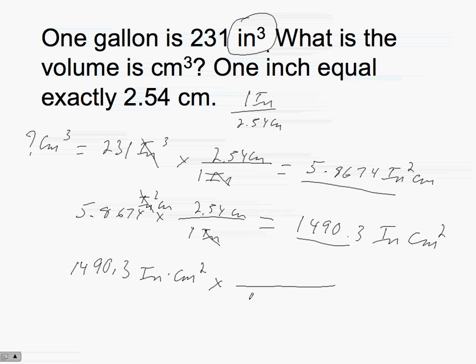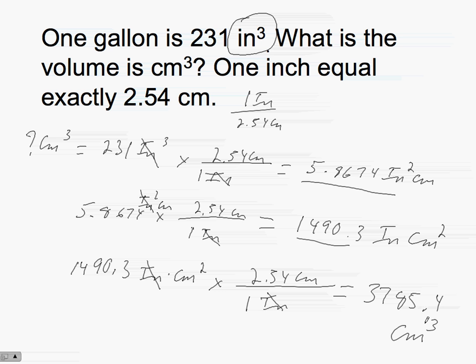For every 1 inch, I have 2.54 centimeters. Inches cancel out, and my answer finally would be in centimeters cubed, which is 3785.4 centimeters cubed.